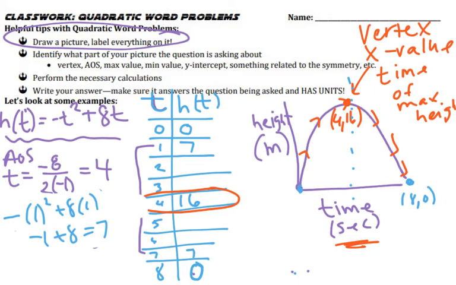When I plug in 2, I could either plug in 2 or I could plug in 6. I would rather plug in 2, so the opposite of 2 squared plus 8 times 2 is going to be 16 minus 4. 16 minus 4 is not 8, 16 minus 4 is 12.